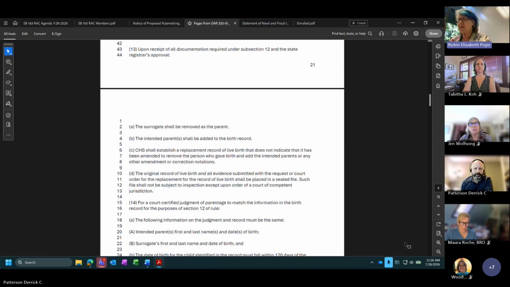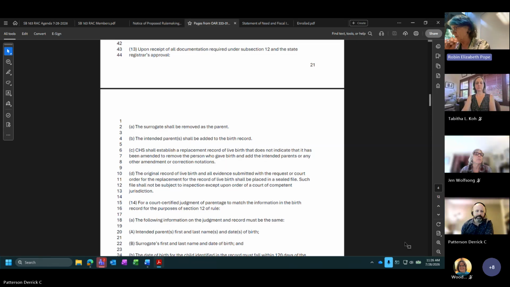And then we want to be clear that it's a gestational surrogate and not a genetic surrogate. And that's a very important distinction. But Jen's right. The person who gave birth should never be treated as a parent. So if we call them instead the gestational surrogate, I think we will avoid doing that. Thank you. Thanks. Any other feedback on Section 13?